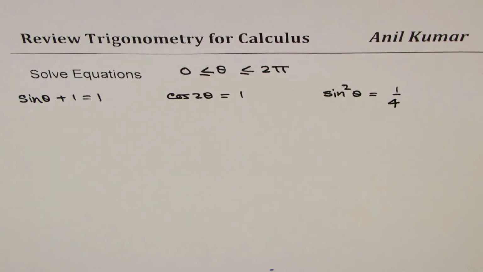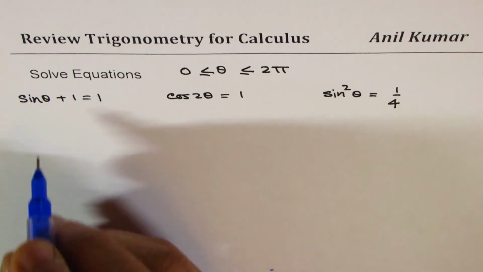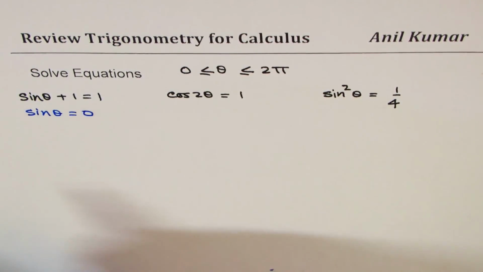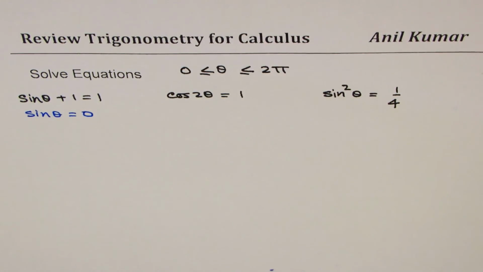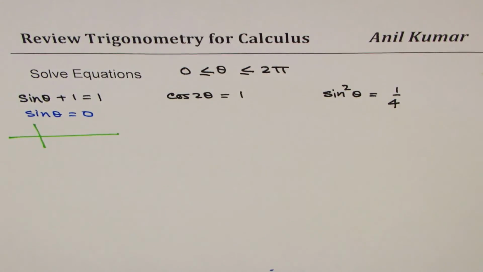So let's solve these equations one by one and try to understand the strategy. Now, the very first one given here, sine theta plus 1 equals 1, basically means sine theta equals 0. So whenever you have an equation with sine theta equals 0 or sine theta equals plus or minus 1, it is a good idea to use the sine curve and find the solution.